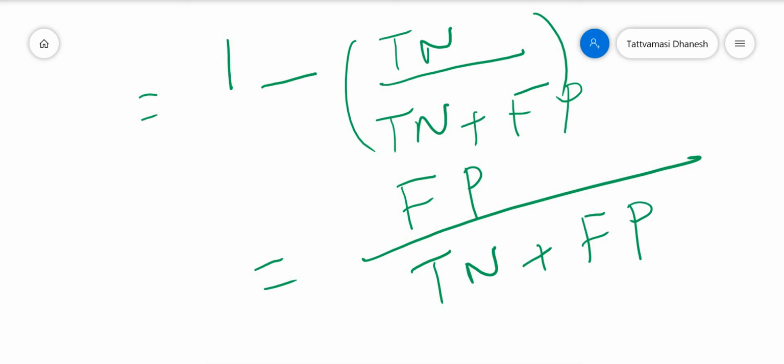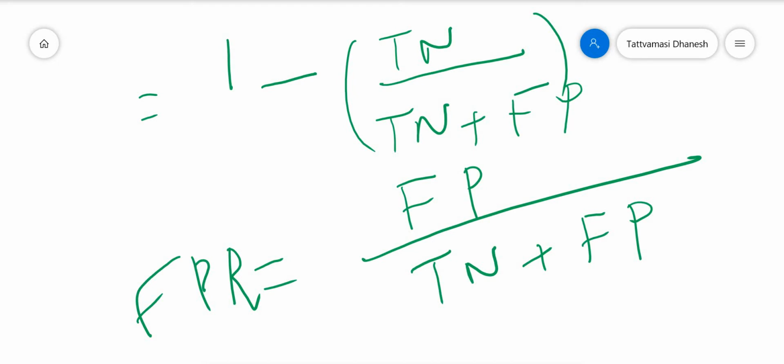This is known as the false positive rate. So this is the equation for the false positive rate. So you understood what is the true positive rate. True positive rate is recall or sensitivity. False positive rate is 1 minus specificity. The equation also I derived.